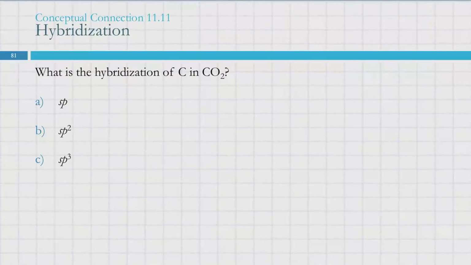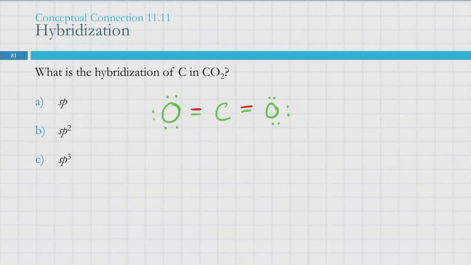What is the hybridization of carbon in CO2? To figure out the hybridization of carbon in CO2, we could do a Lewis structure. We're going to have carbon in the middle, the oxygens on the sides. They'll need to get bonded together. We'll end up placing all of the rest of our valence electrons on the oxygens, but that leaves carbon out of some electrons, so we have to move some in.